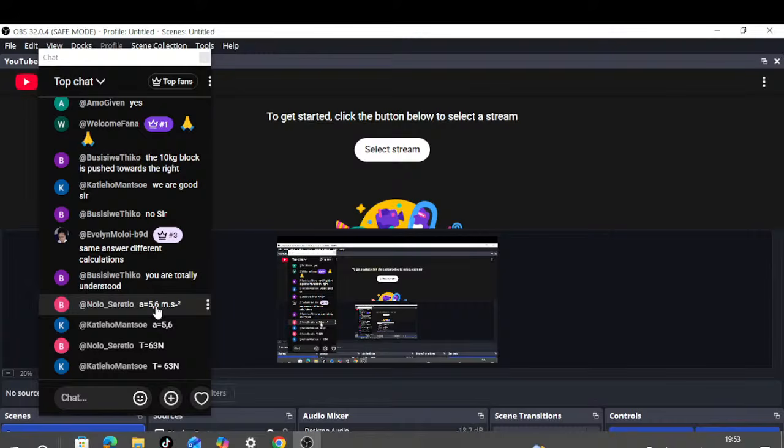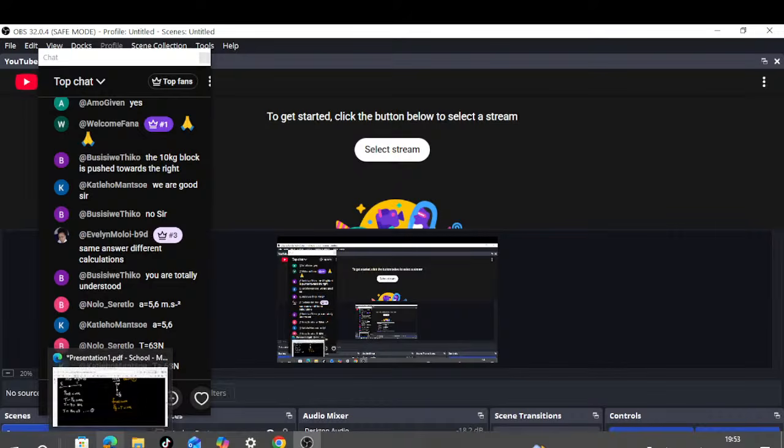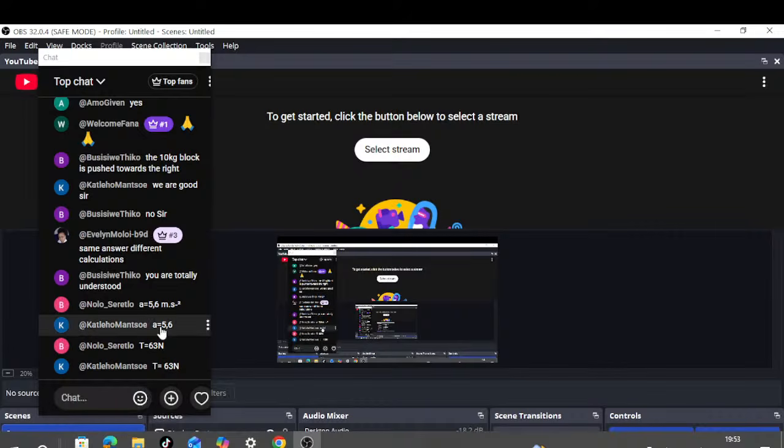You already have the answer. You got 5.6, that's your acceleration, and you got your tension at 63 newtons. Nice. Well done. Let's see if we get the same answer as these learners. Let's work on it and see if we get acceleration as 5.6, and let's see if we get the tension as 63 newtons.